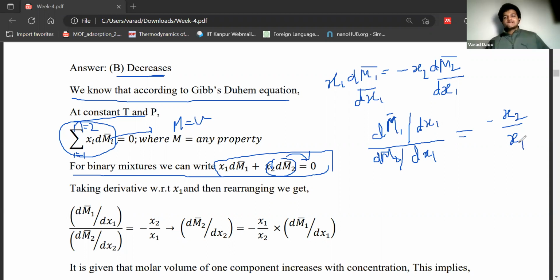So it should be x1, right? This is the expression.